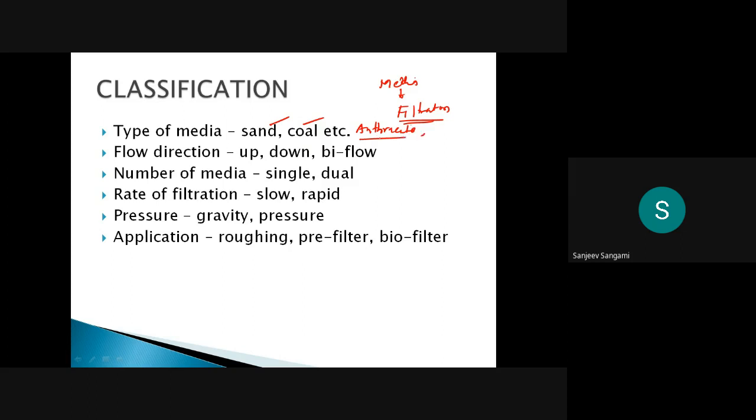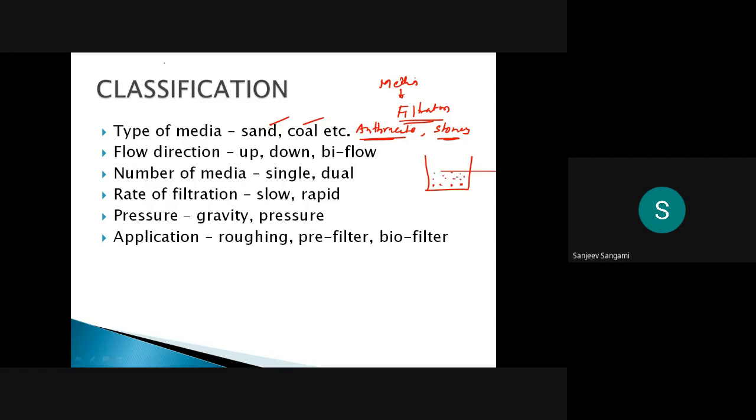Even stones are also preferred as media. Normally, one reactor will be there, and in that reactor small sand will be there.